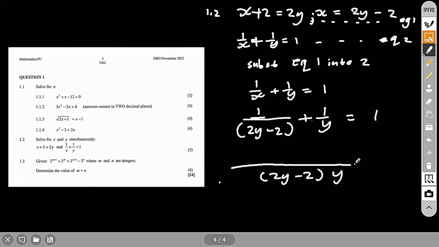Got the common factor, just take out the denominators, you times them, and then you cross multiply. So 2y minus 2 times 1 is 2y minus 2. Okay, so minus 2, and then y times 1 is plus y.